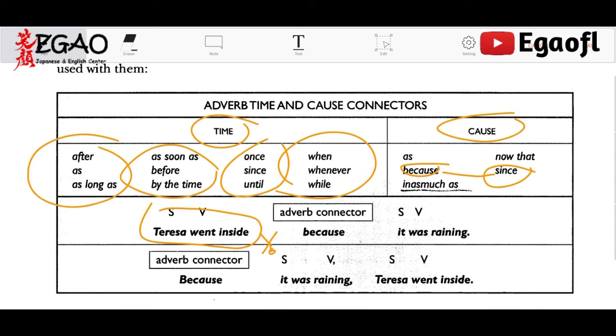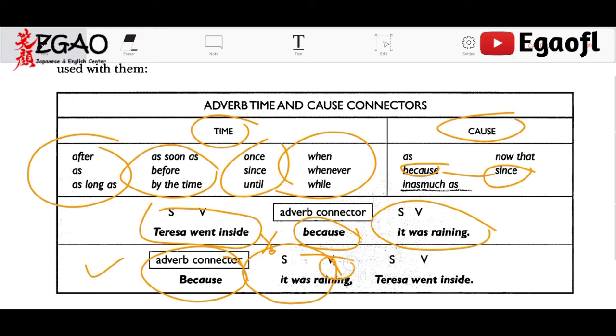And after subject verb, it's directly using the adverb connector and also subject verb again. And if you want to change the position of the adverb connector, it is totally possible. You can change it to the initial of the sentence, like this: adverb connector and then subject verb.